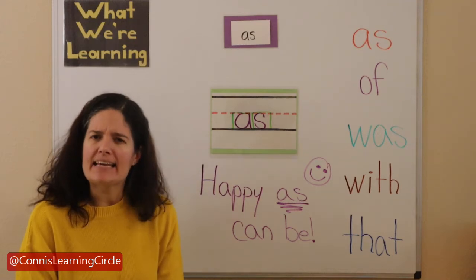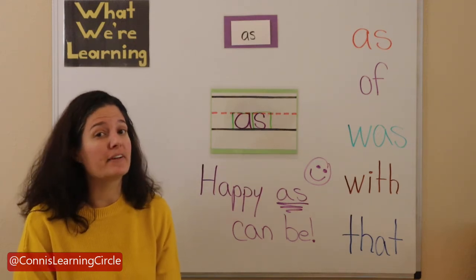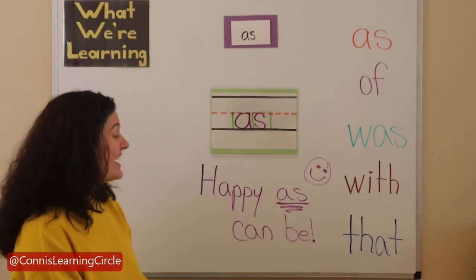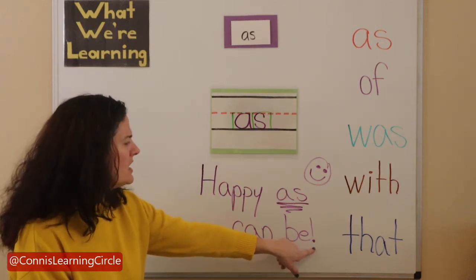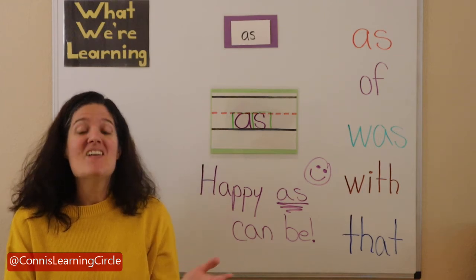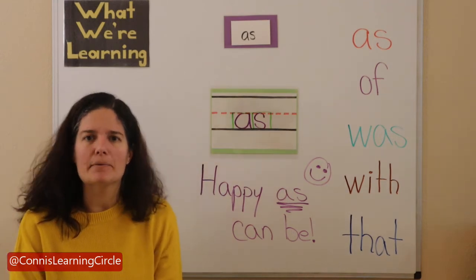Now, do you notice anything else about this sentence that maybe is a little bit different than our other sentences? That's right. This sentence has an exclamation point. And what does an exclamation point mean? That's right, very good. It means we say it with excitement.